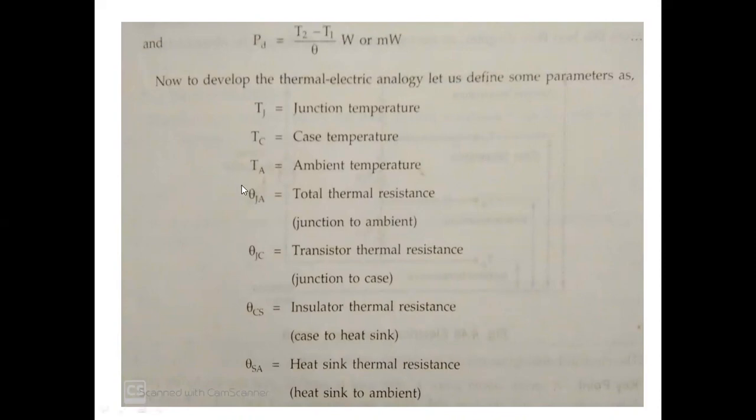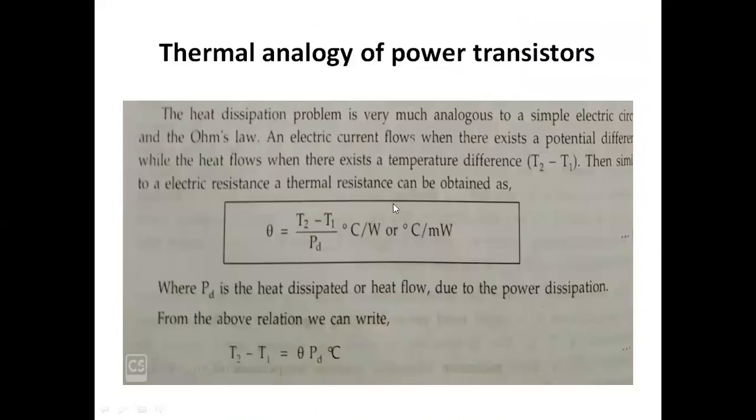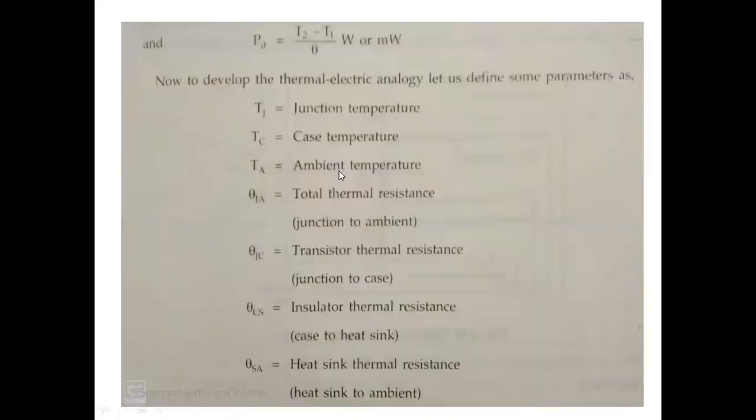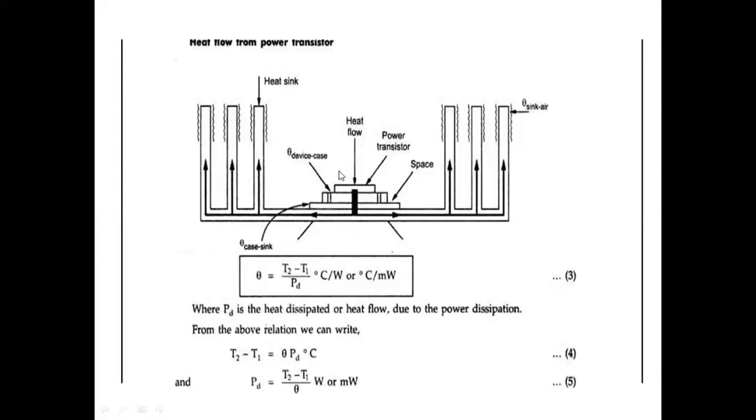Okay, so here we have these terms in order to calculate the remaining values. Just remember these values, that terminology. Here we have theta junction to case, theta sink to ambient, and theta case to sink.